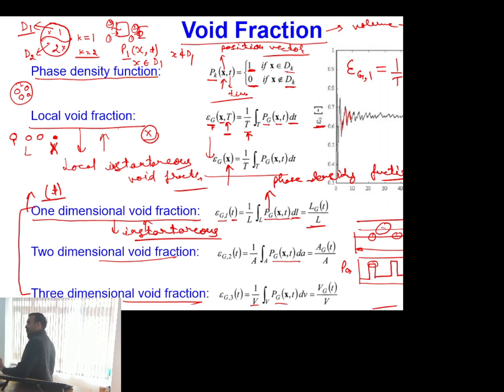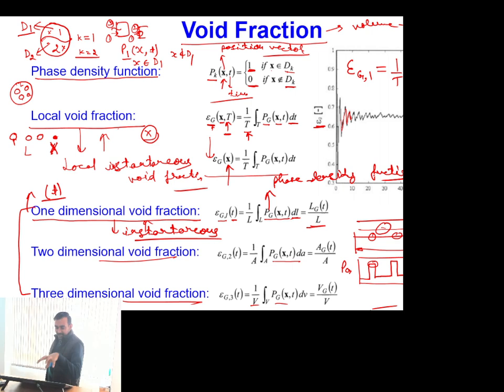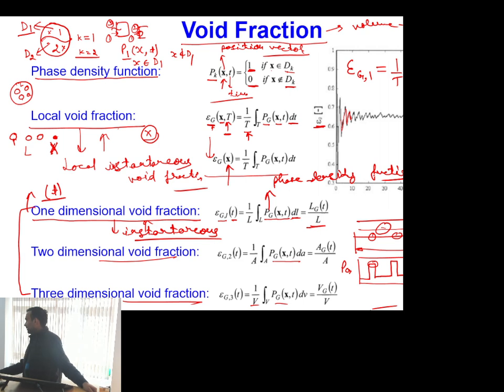All are clear with this point? By having this mathematical understanding of how the phase density function can be utilized for measurement of void fraction, now we have to go to the next level, that is, to devise experimental ways to determine the phase density function. How to calculate the phase density function using experimental techniques, that I will discuss in the next class.